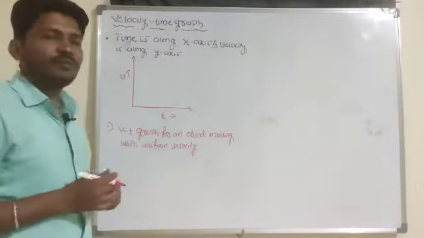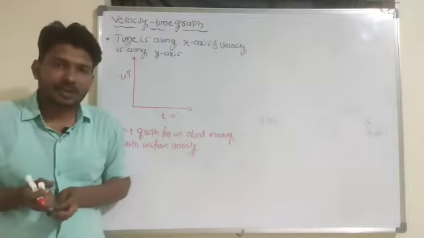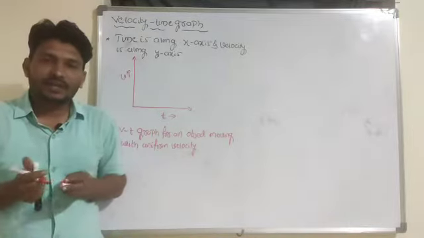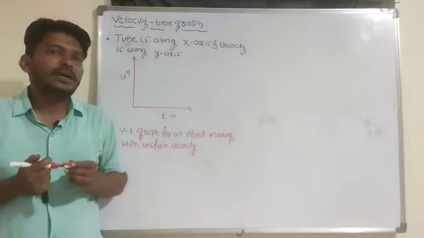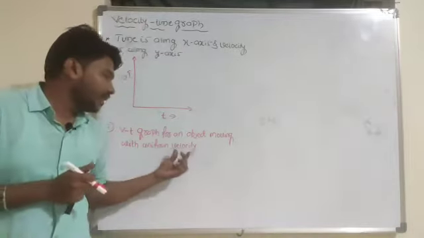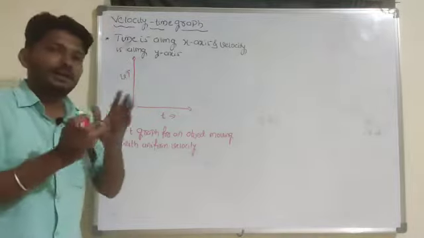What do we mean by uniform velocity? Uniform velocity means equal distance or equal displacement in equal intervals of time. Equal displacement in equal intervals of time means the velocity remains the same.